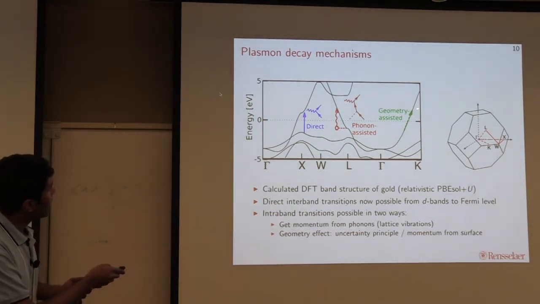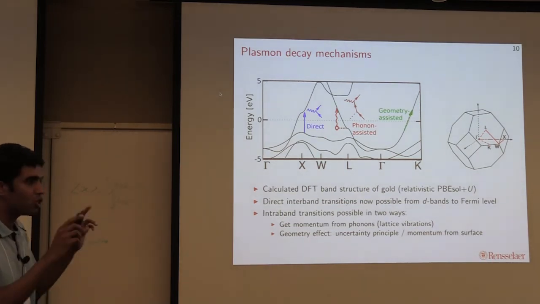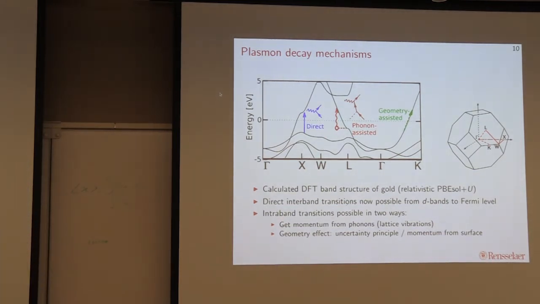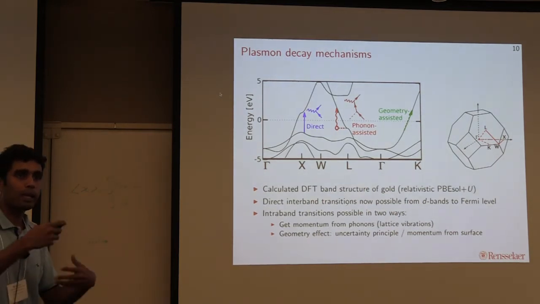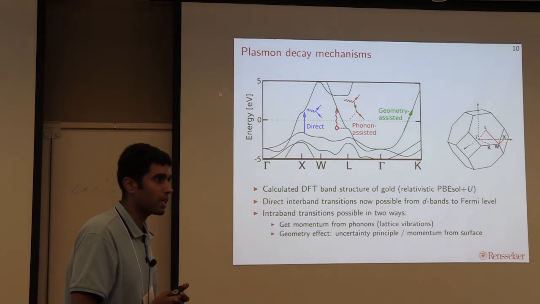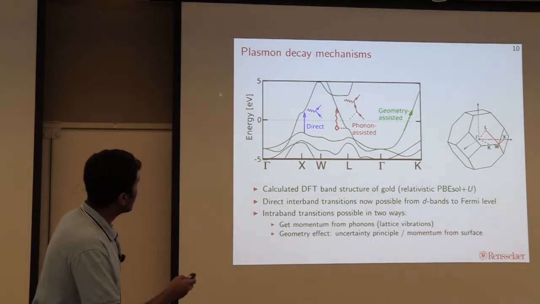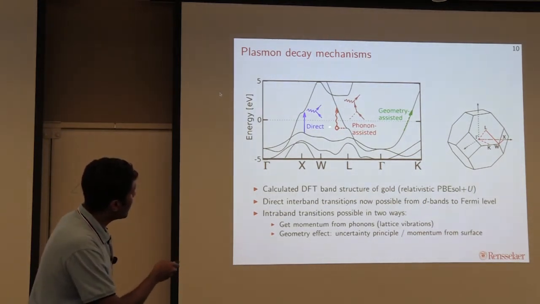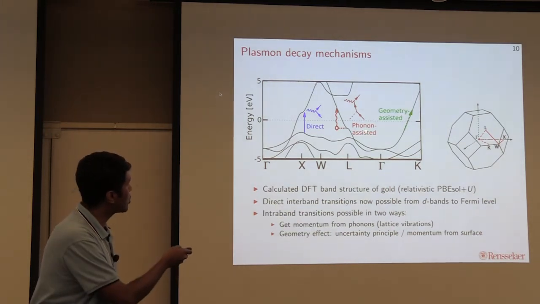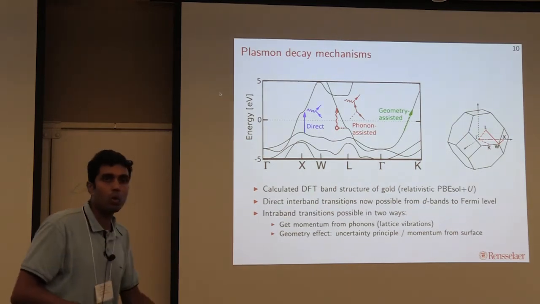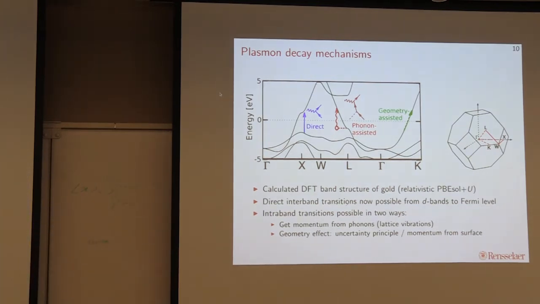And like we discussed before, you have these geometry or momentum uncertainty assisted transitions. So in this free electron region, for any length of this arrow or any photon energy, you could still do that transition in a nanoscale geometry with probability inversely proportional to the sample size, as we discussed before, right? But in addition, when you have a real material which has atoms, you can have quantized atom vibrations, or phonons, and phonons turn out to have very low energy compared to the photons, but they can have momentum comparable to the electrons.